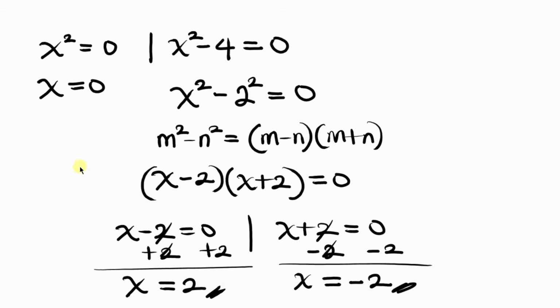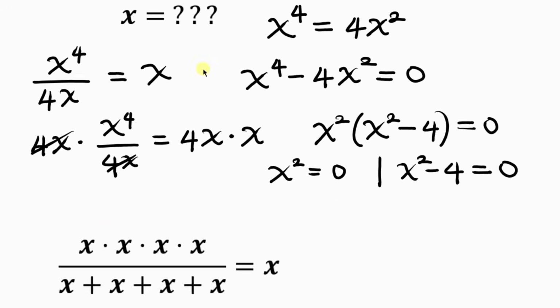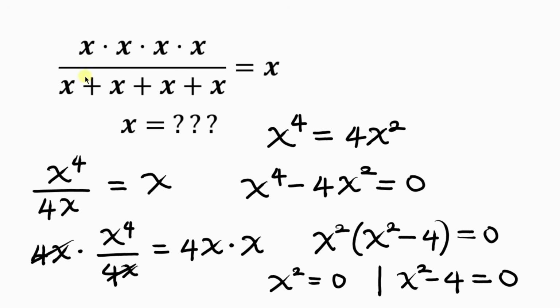Now there is something we need to put into consideration. Coming back to our original equation, we have its simplification as this, right? And recall our answers. We've got x to be 0, we've got x to be 2. We've also got x to be equal to negative 2.